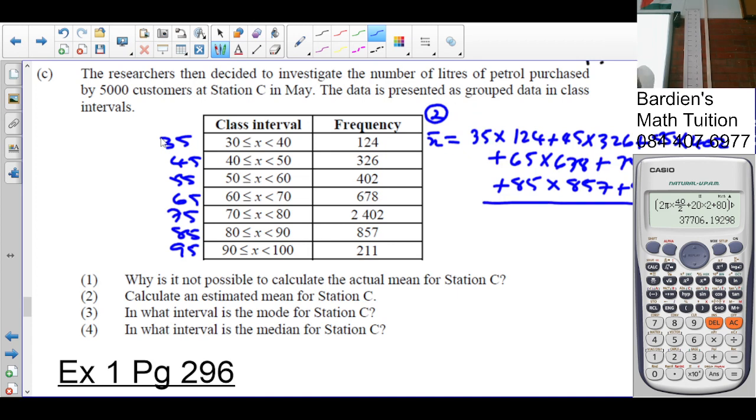And I must divide this all by 5,000. So the top worked out to be what? 358,230 over 5,000.